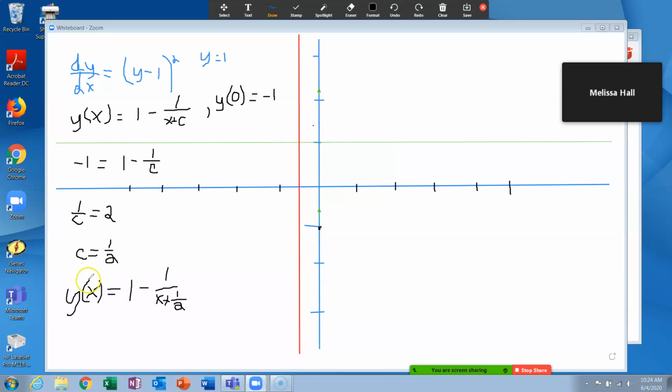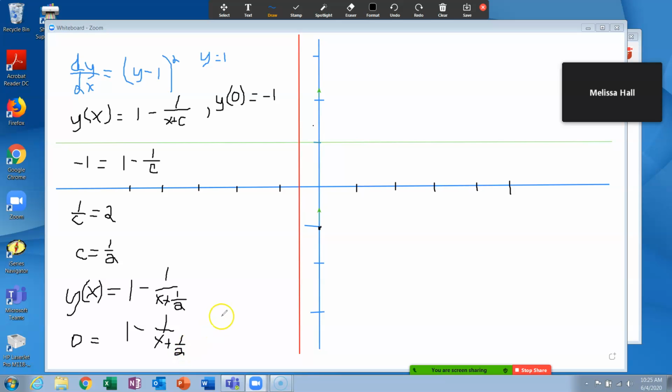Set y equals 0. Let's do that. It's not that bad. So when y is equal to 0, we're finding the x-coordinate. This is equal to 1 minus 1 over x plus 1/2. I don't know why I'm doing this, just to be a sadist to myself, masochist, whatever, okay?